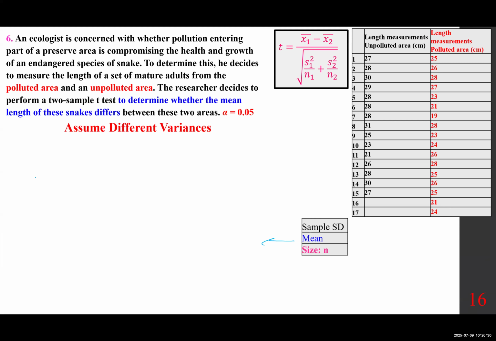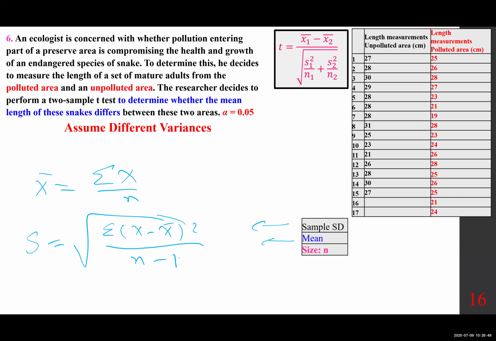For the mean, you use X bar is summation of X over N. I'm not going to, of course, do that by hand. You use technology. For this one, standard deviation is the square root of summation of (X minus X bar) squared over N minus 1.